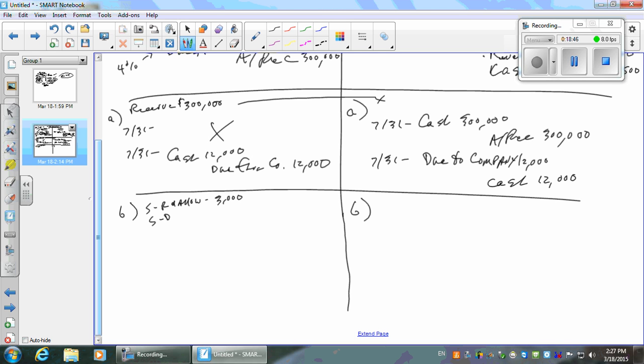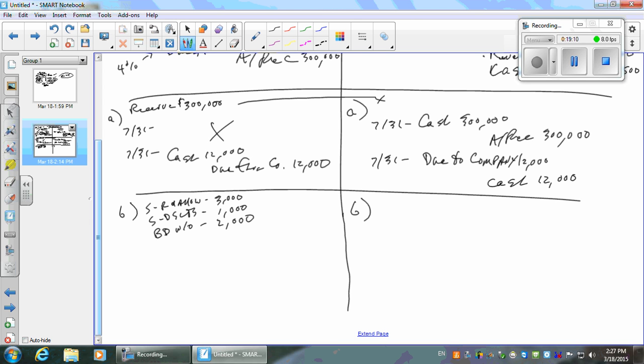Sales discounts of 1,000. And bad debt write-off of 2,000. And they're done. And they collect all the rest.